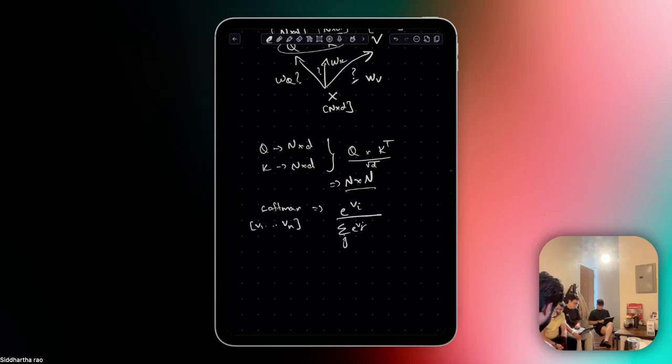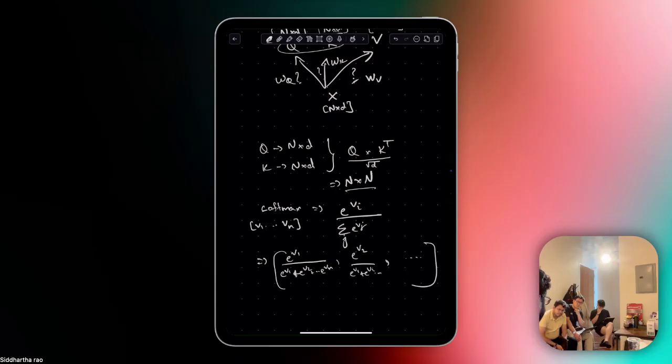So you're transforming each element into e to the v1 over e to the v1 plus e to the v2 up to e to the vn, then e to the v2 over the same sum, and so on.